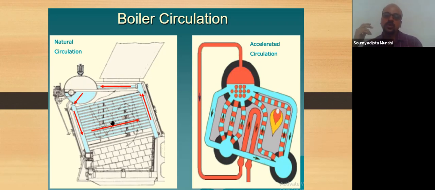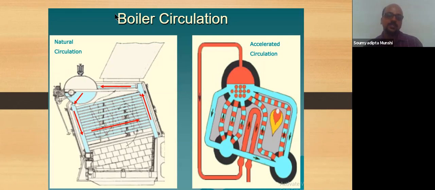That's why we also need to give the extra water which comes from the economizer to the drum, to balance the frictional loss or the frictional resistance and the driving force of the water. So this is the natural circulation process of the boiler.